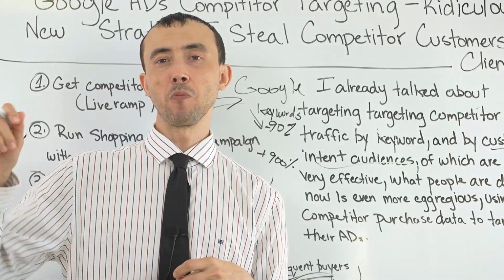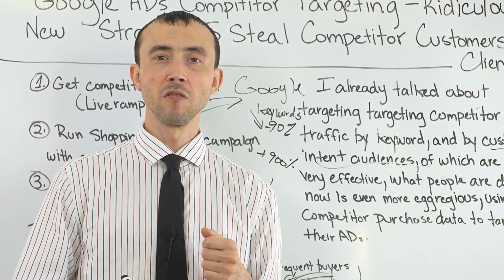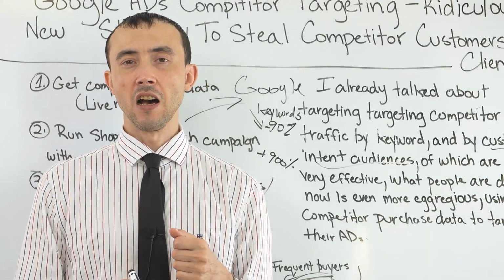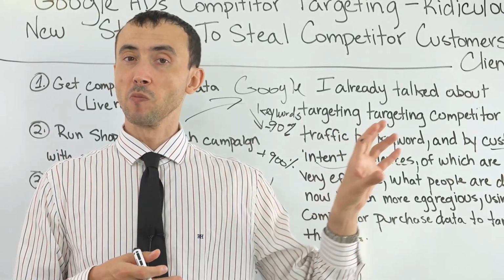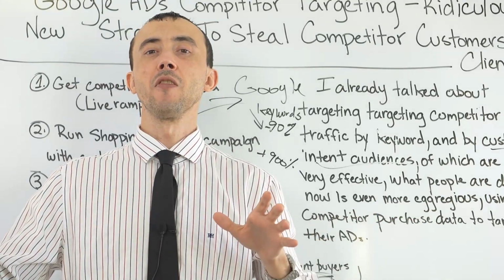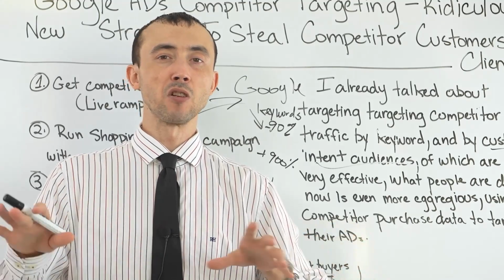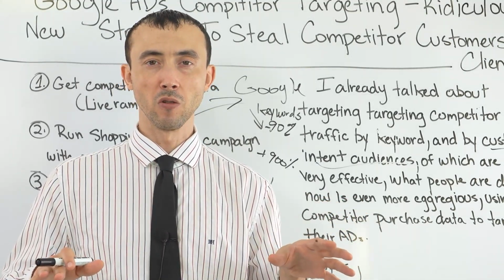And the PMAX campaign would pick off all the best customers coming through Google because he had a really aggressive ROI target on the PMAX campaign, and then it basically drained the sales from that business because all the repeat purchases were going through the other site. This is particularly effective if the other site doesn't look that much different than the original site, because a lot of people aren't paying attention real close.